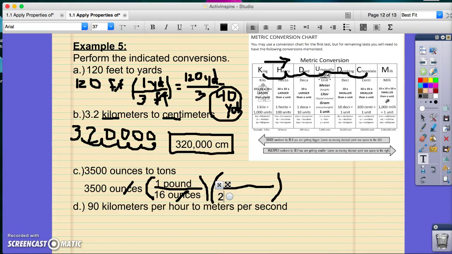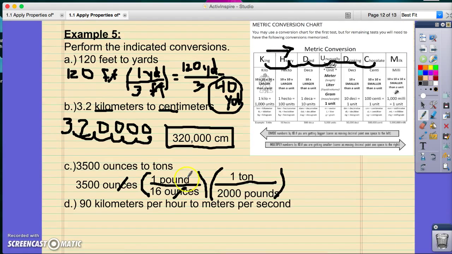So 2,000 pounds. And what does that equal? It equals 1 ton. So now I can cross out my units again. Pounds goes away. Cancel them out, and we'll be left with tons.